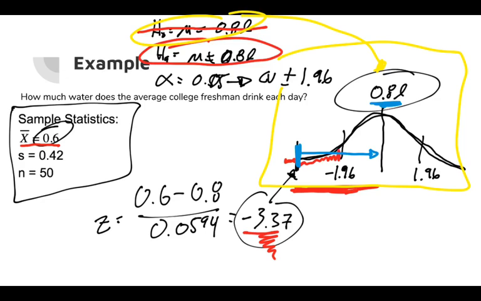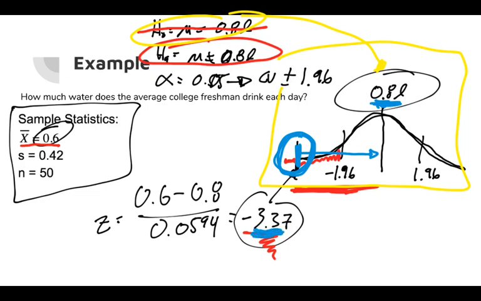And what this does is, think about this in terms of probabilities. What are the chances of me being able to get a sample that's going to be way out here if the true mean is 0.8? And they're minuscule. They're almost zero.